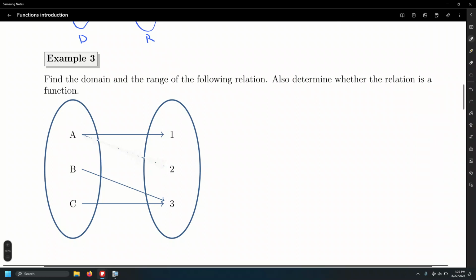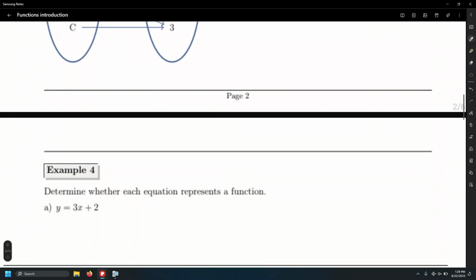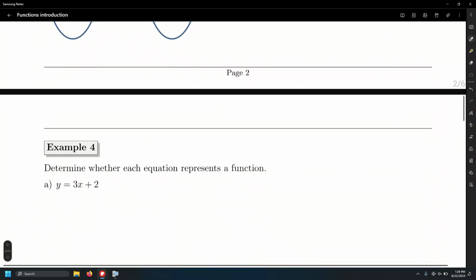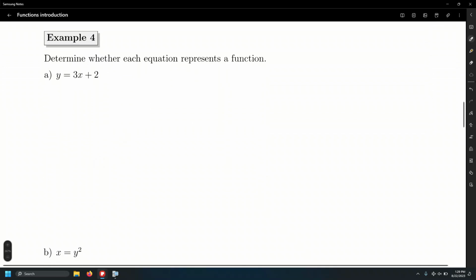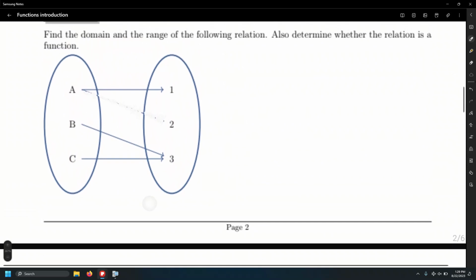Okay, let's keep going. Determine whether each equation represents a function. Question: go back to that? Sure. This one? It says you're going to find the domain and range. We didn't write the domain, but actually it's right here.